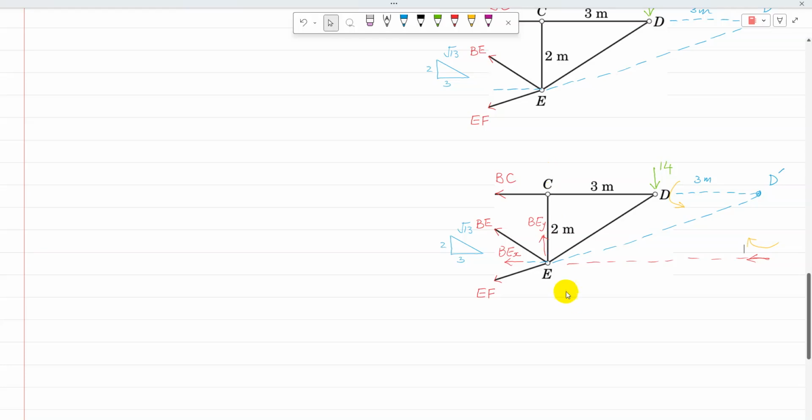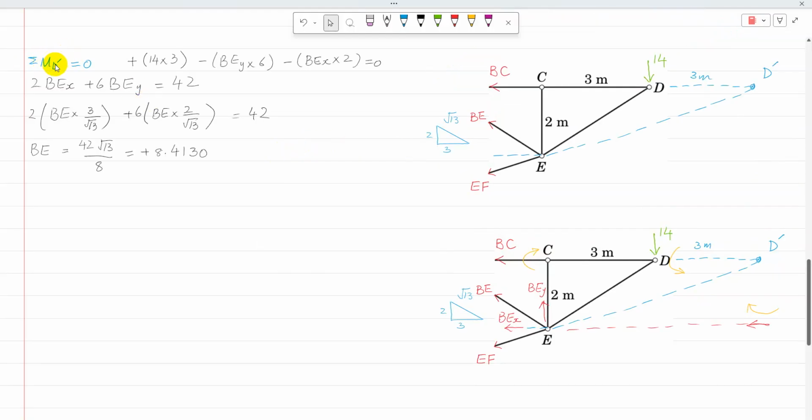Then left is BEY, whose line of action is CE and whose perpendicular distance is CD dash. So BEY is going to produce a moment in the clockwise direction. Now I have found all the directions and magnitudes of the moments, so I can write the equation for moment about point D. Sigma MD equal to 0.